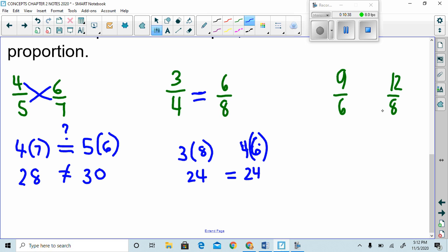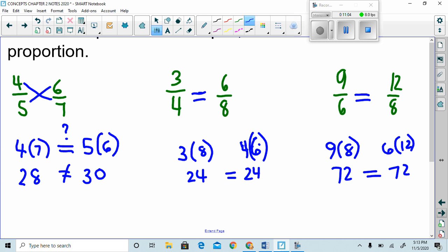Once again, multiply the extremes. I've got 9 times 8, and then I have 6 times 12. Well, I have 72 equals 72, which is equal. This forms a proportion. So we're going to see that in order to find if two ratios are equal, we're going to do the cross products. Now, there's more to it than this because we're going to start putting variables in since we're dealing with algebra.